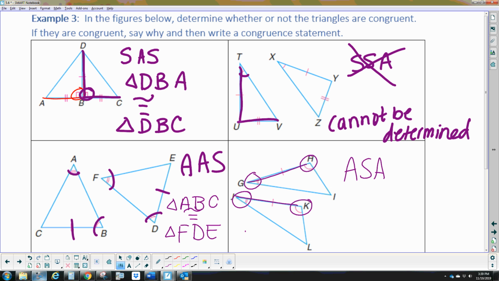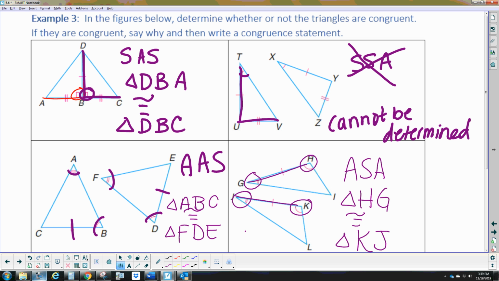And I'm just going to go by 1 tick mark and 2 tick marks. So my 1 tick mark is angle H, and that's congruent to the other triangle that has 1 angle arc, which is angle K. And then HG is congruent to KJ.